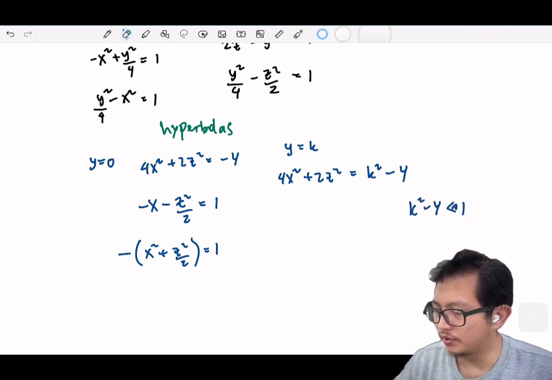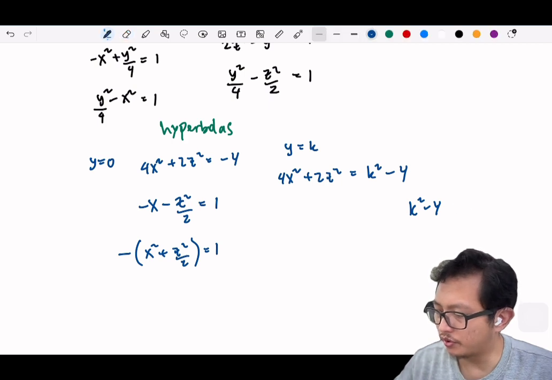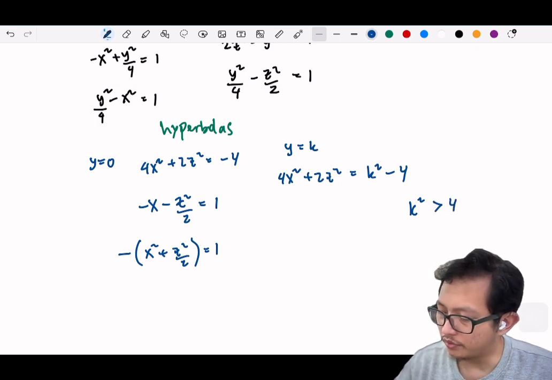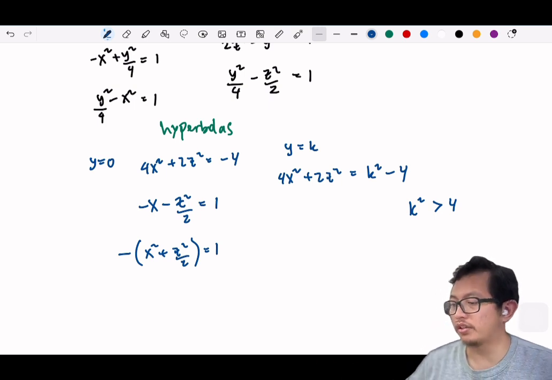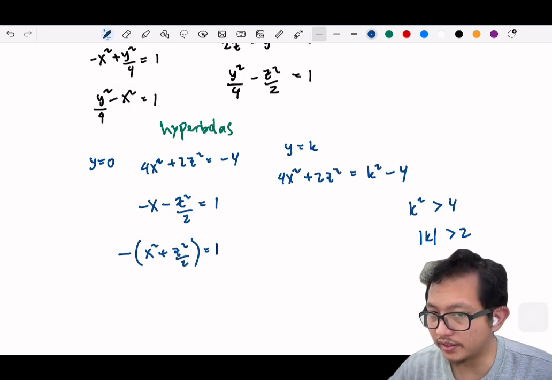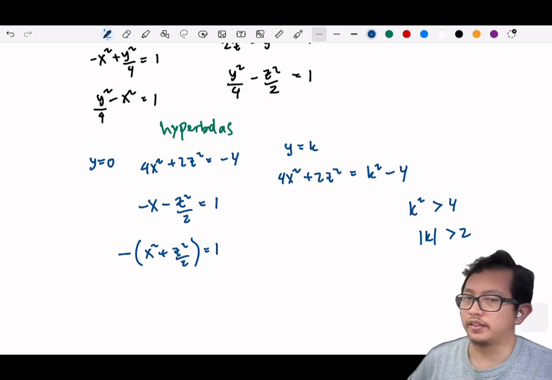Okay, and we need to make sure that k squared minus 4 is positive. So k squared should be greater than 4, it should be positive, or the absolute value of k is greater than 2.